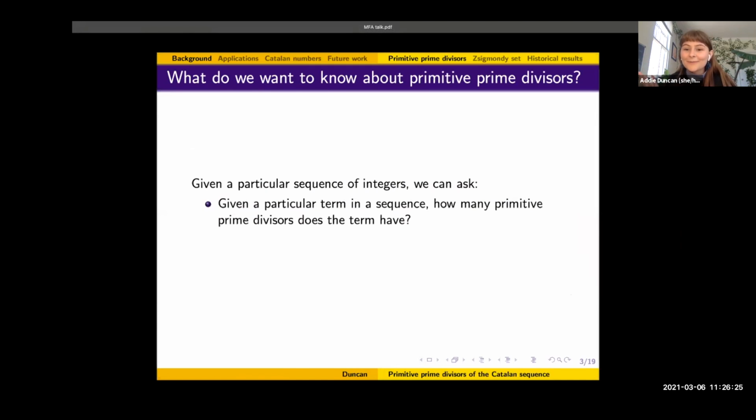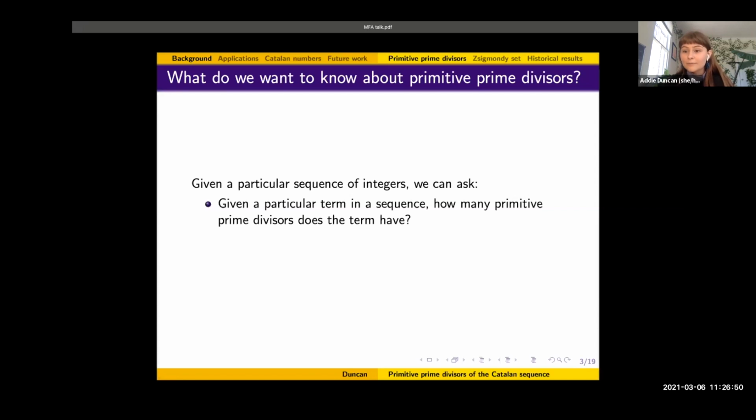What do we want to know about primitive prime divisors? Well, there are lots of different questions that you can ask, and I've asked many of them, but today I wanted to focus on one that I thought was particularly interesting: given a particular term in a sequence, how many primitive prime divisors does the term have? It turns out that you can find sequences where terms have a varying number of primitive prime divisors.